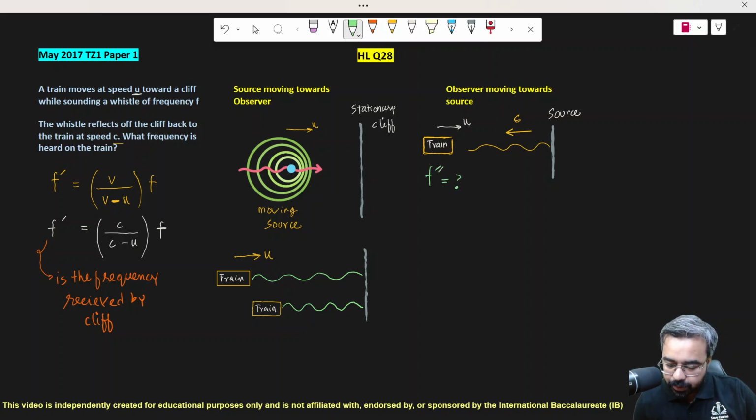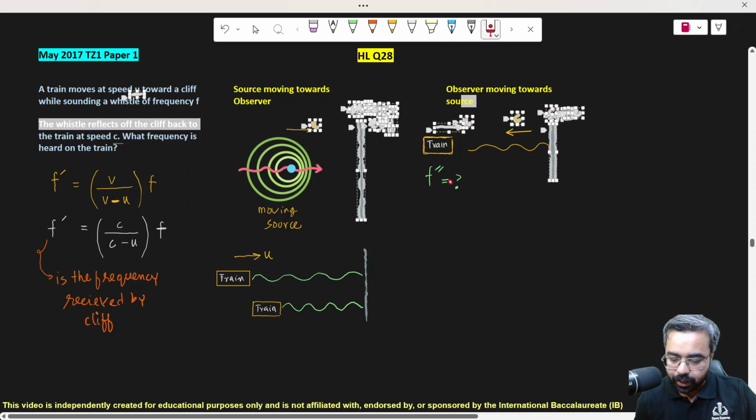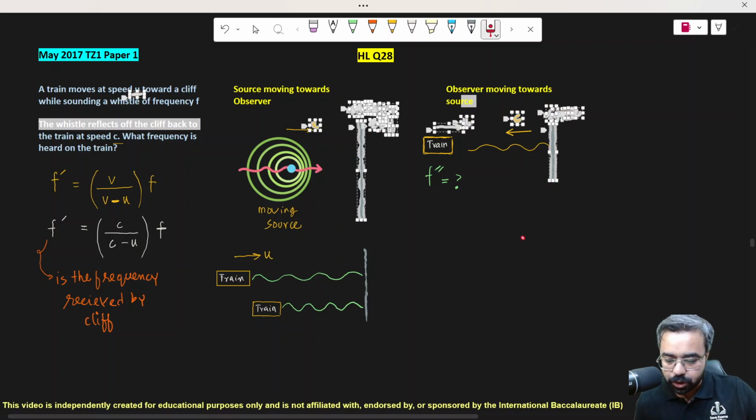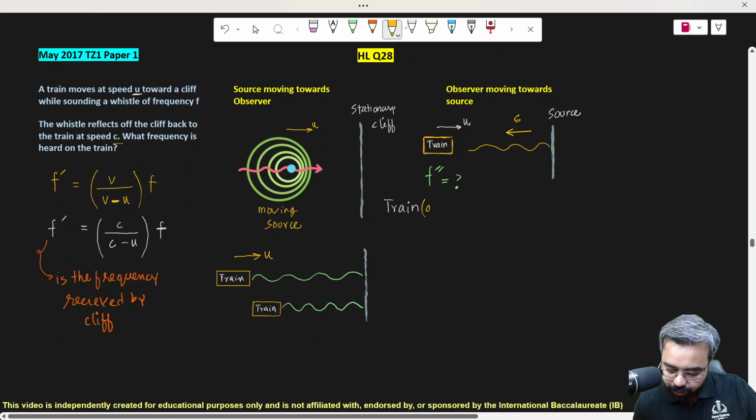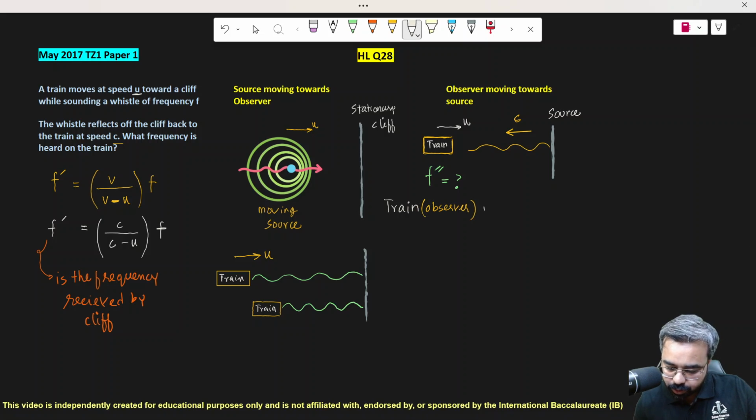Now in this case, we can take the scenario of the Doppler effect in which the source is at rest and the observer is moving towards the source, because here the train is an observer and it is moving towards a source.